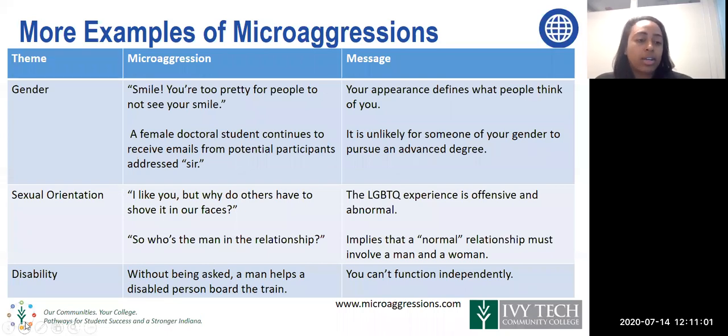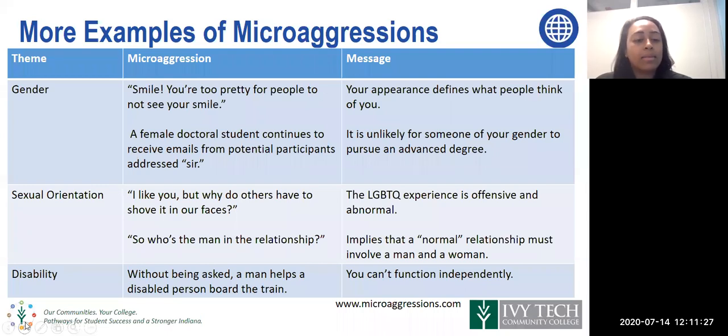Another example is, so who's the man in the relationship? That implies that a normal relationship must involve a man and a woman, right? So just thinking about the language that we use shows up in how we interact with each other.